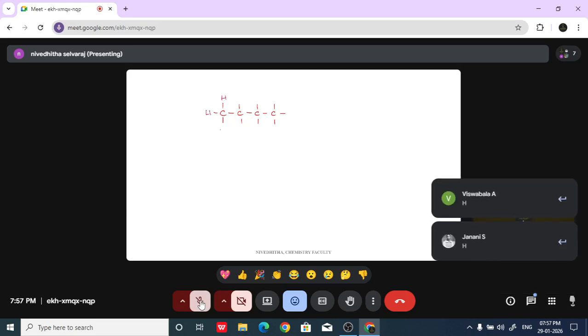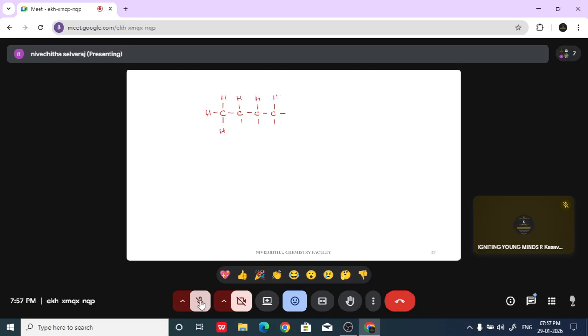So the rest of the bonds are satisfied using hydrogen atoms. Here I have carbon atoms, and the valency of all the carbon atoms is satisfied by another carbon atom or hydrogen atoms, right? That's it.